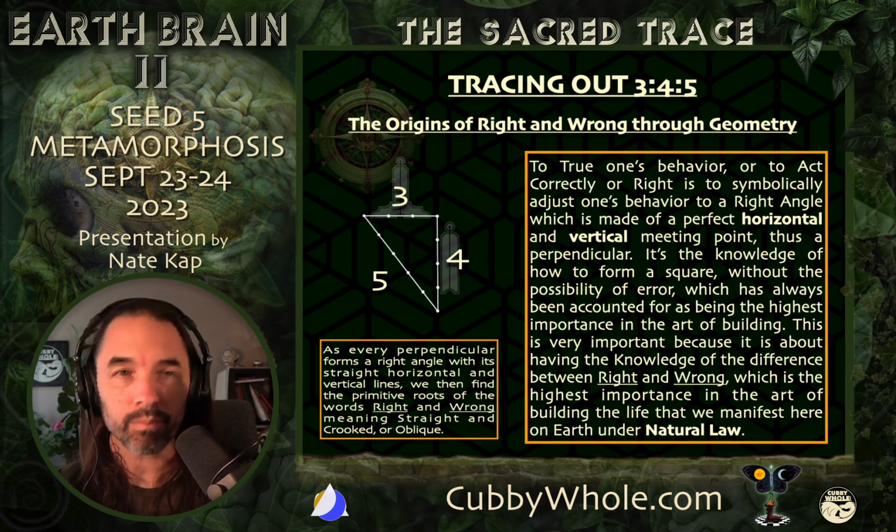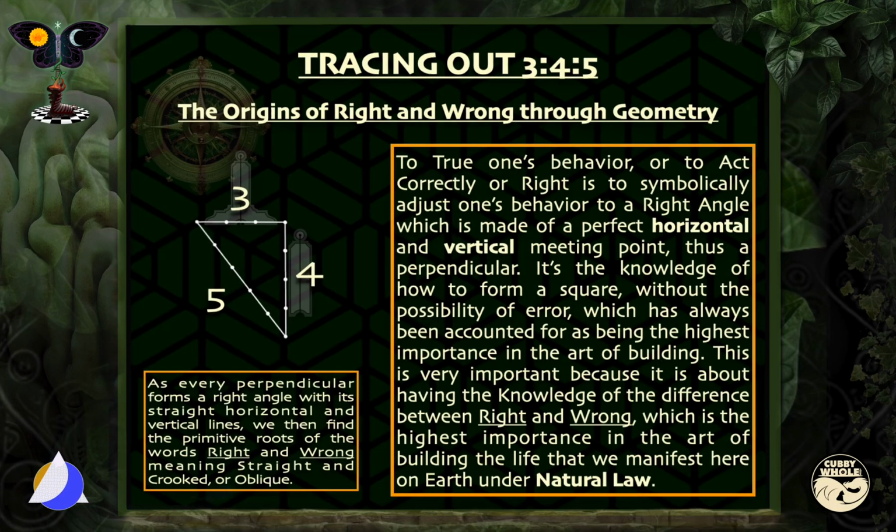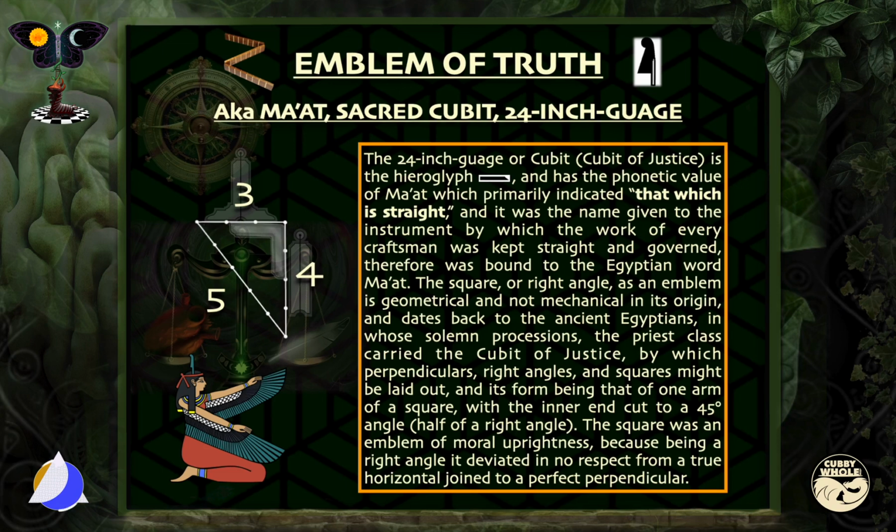Okay. Now, this is what the emblem of truth looks like. And this is associated with Ma'at, the Egyptian goddess Ma'at, and the sacred cubit and the 24-inch gauge. And this is all dealing with ancient Masonic science or ancient Egyptian science, however you want to call it.